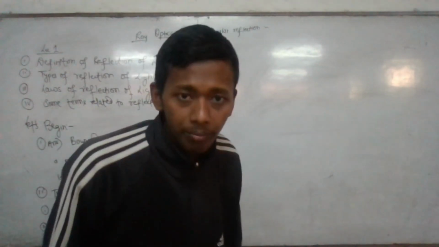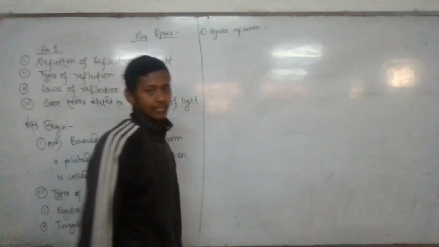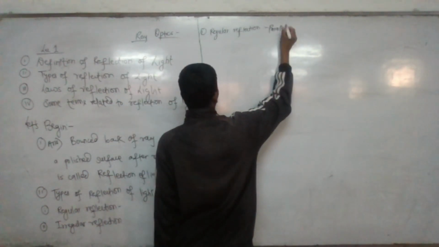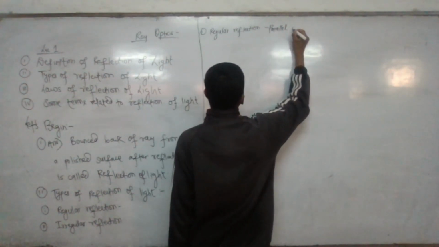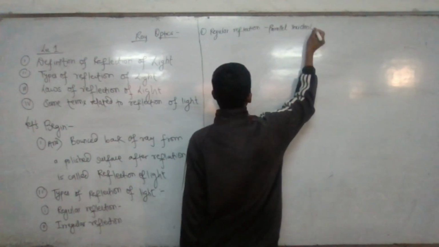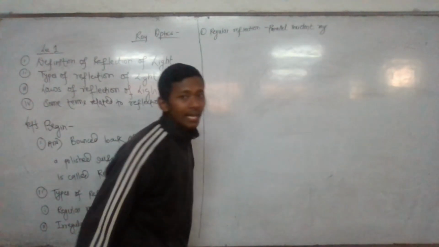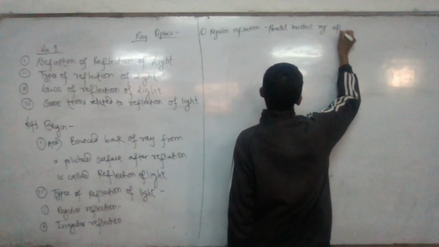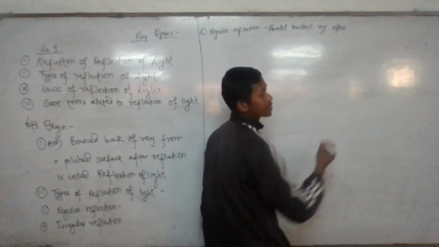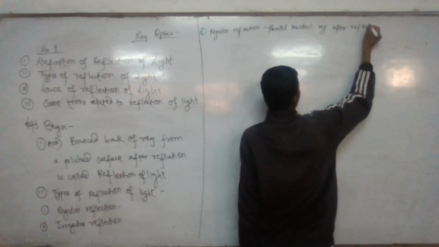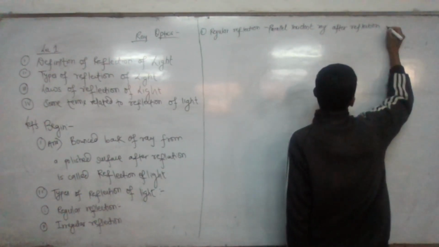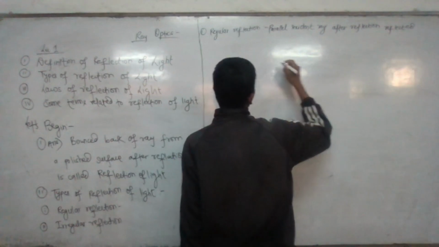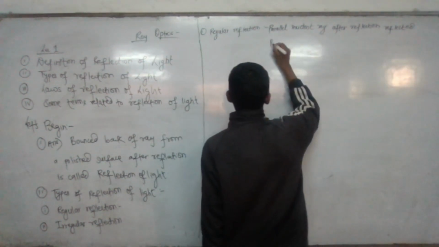Regular reflection means when a parallel incident ray, after reflection, is reflected parallelly.